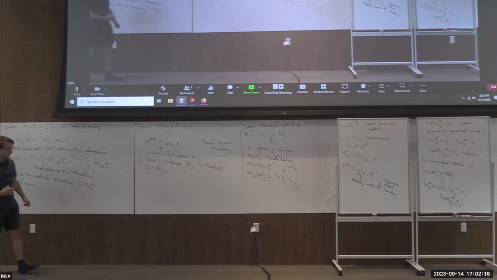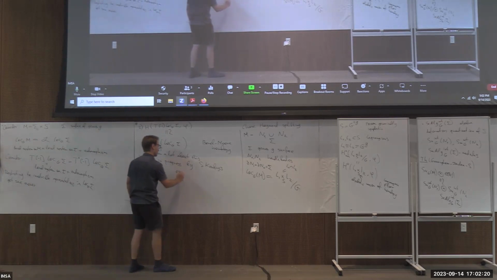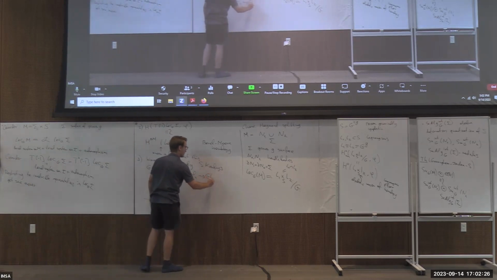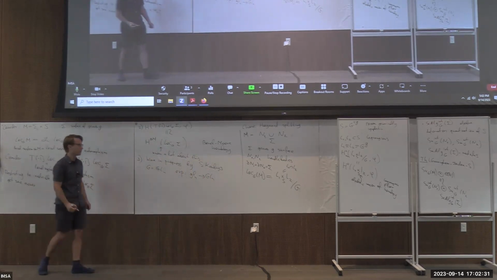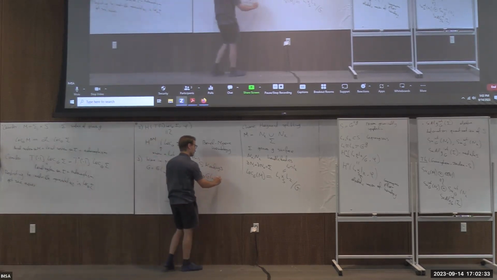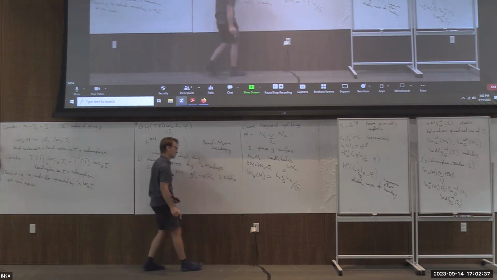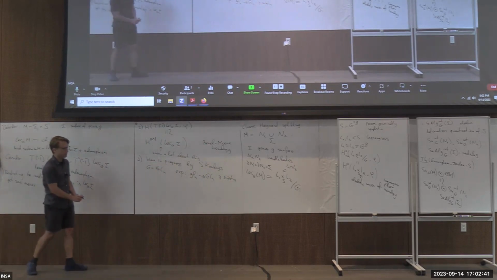In this case, there's something nice that happens, that you can look at the exponential map from the Lie algebra to the group. And this exponential map, well, first of all, it's surjective, and it's actually an etale map generically.